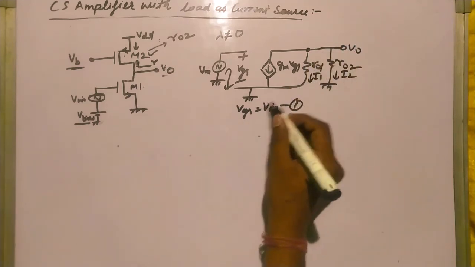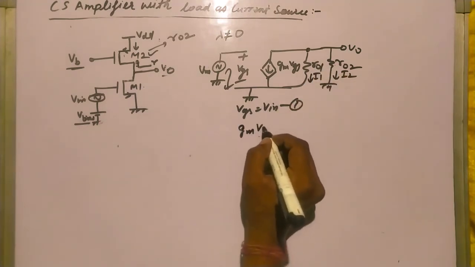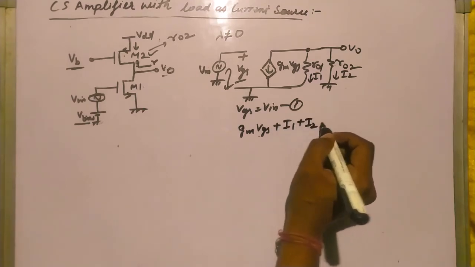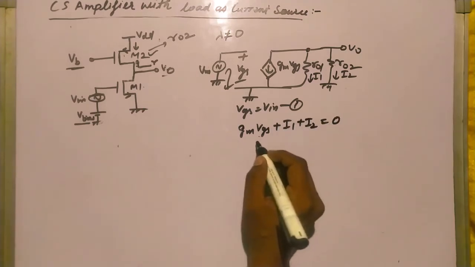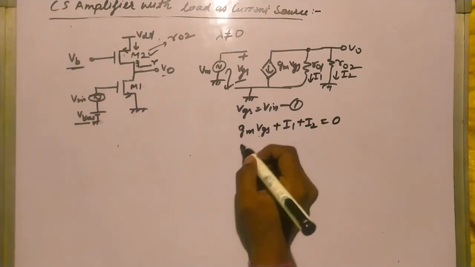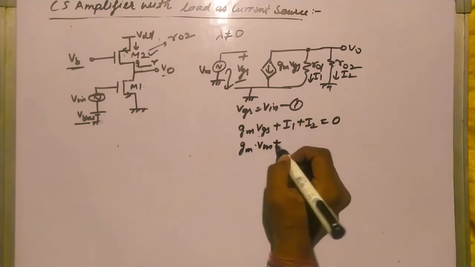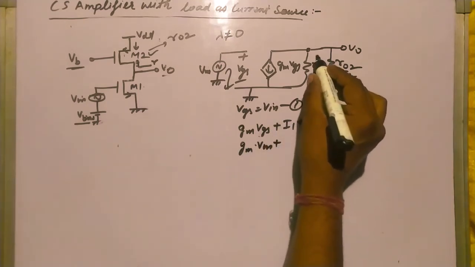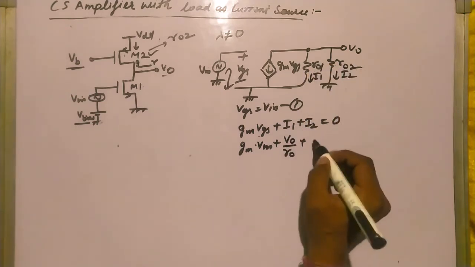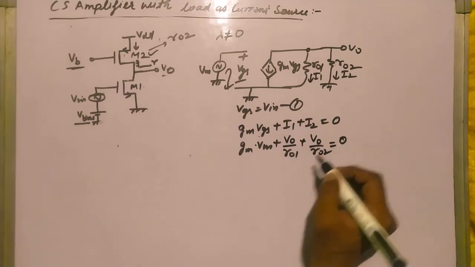Now apply the KCL on this node. So it is GM VGS plus I1 plus I2 equal to 0. VGS is V in, and I1 will be V0 by R0 1, plus V0 by R0 2, equal to 0.